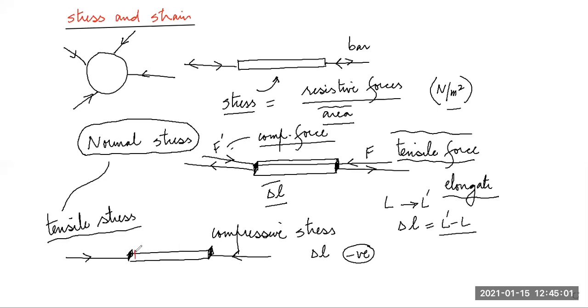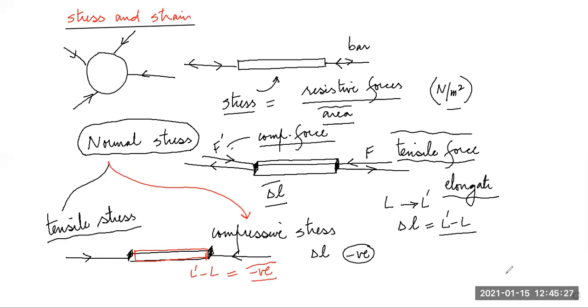The body might get compressed by some length. So in that case, the final length of the body, L dash, minus initial length, would be negative, indicating that compressive stresses are being induced. So normal stresses are of two types: tensile stress and compressive stress.